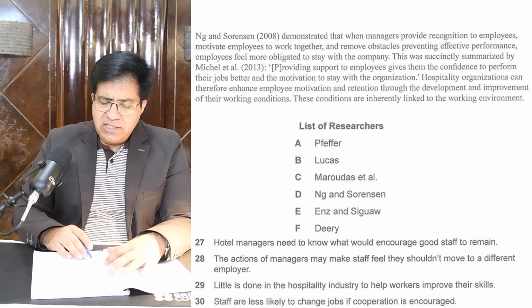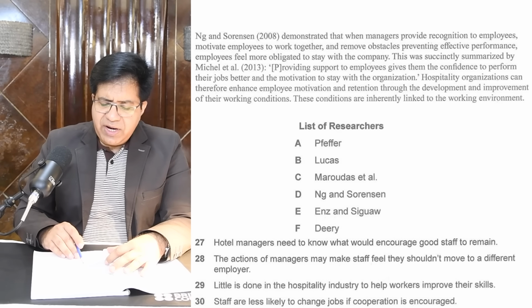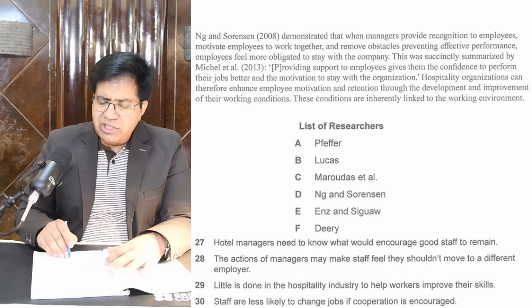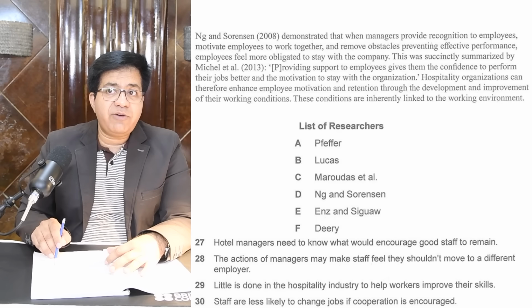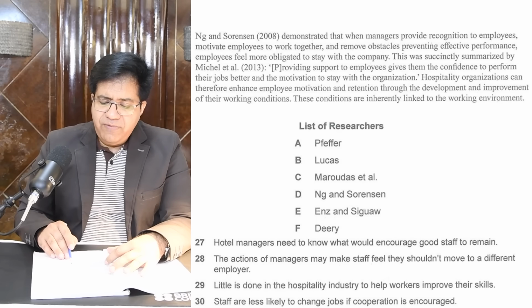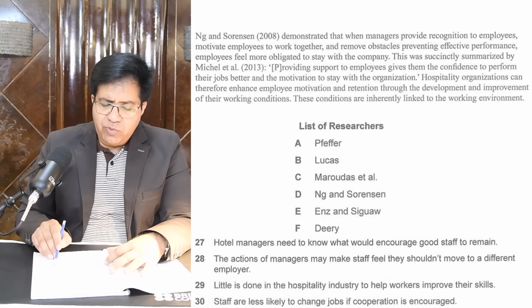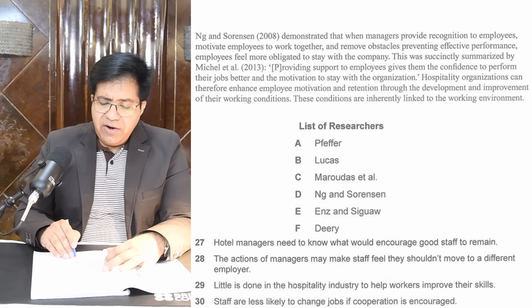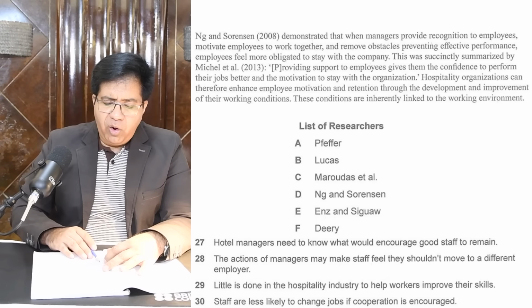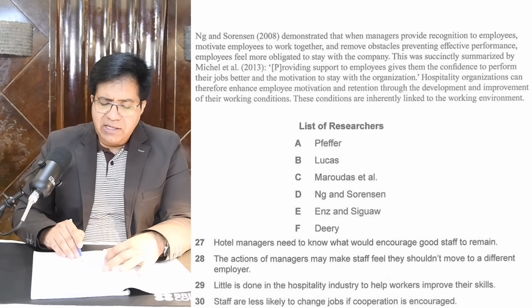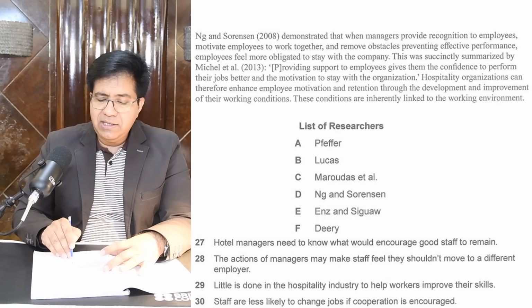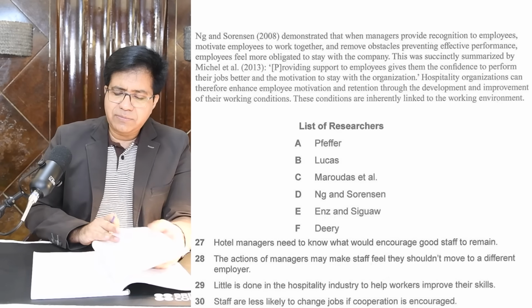Ng and Sensen 2008 demonstrated that when managers provide recognition to employees, read this point carefully, answer is related to that. When managers provide recognition to employees, motivate employees to work together and remove obstacles preventing effective performance, employees feel more obligated to stay with the company. Now match something with that.